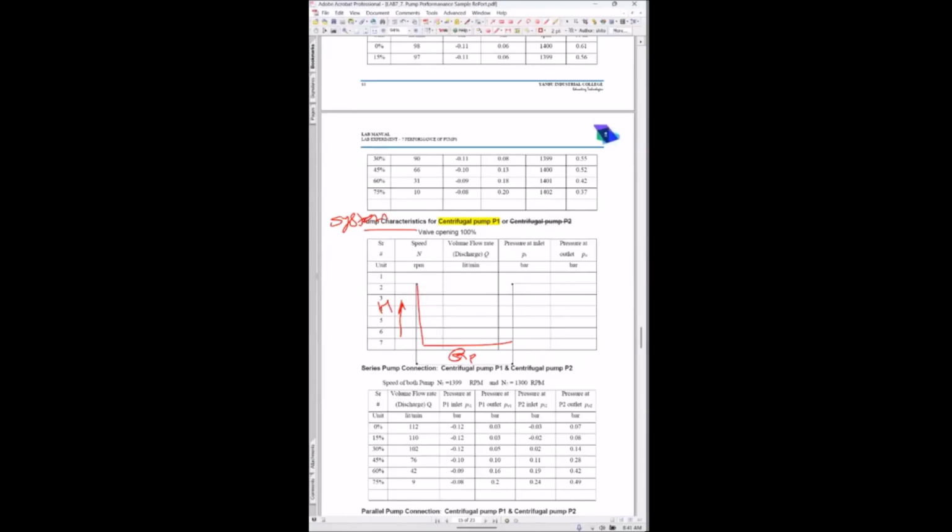Plot the graphs, and you will get curves like this: speed 1, speed 2, speed 3, speed 4, whatever. This curve is called the characteristics. Whenever you do this experiment, remember that you need to plot the graph between head and discharge when speed is changing. Got it? And for series and parallel we can plot similarly. Thank you very much.